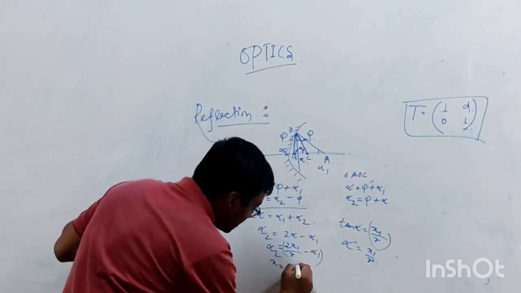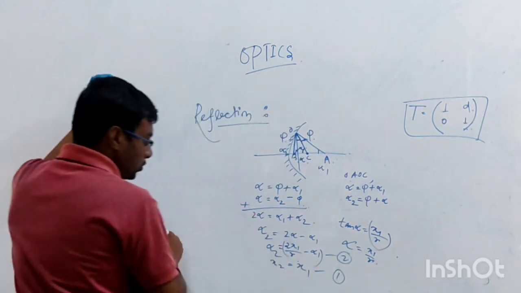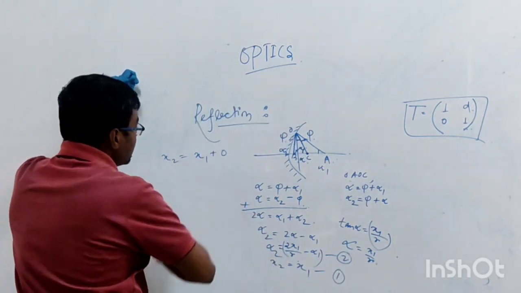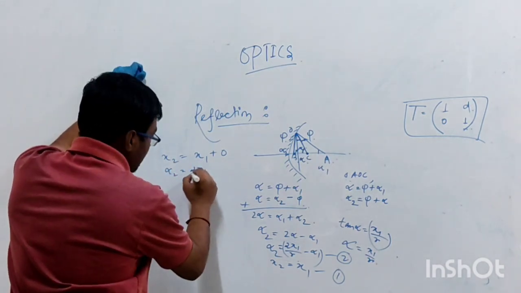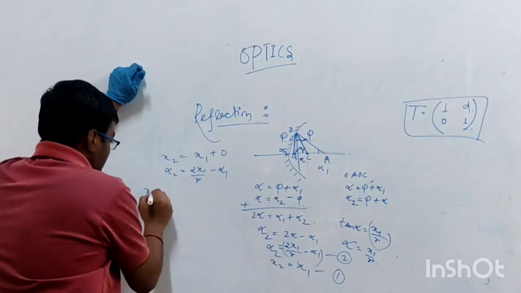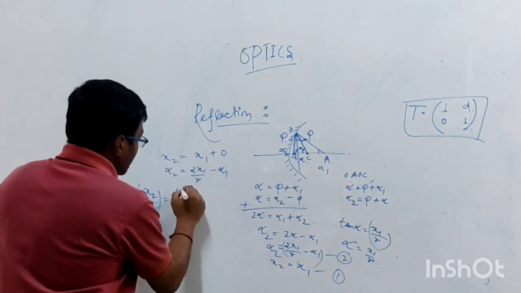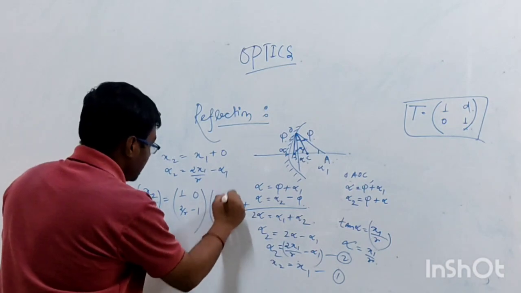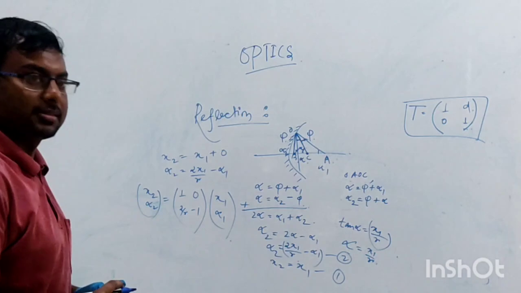So x2 will be equal to x1. From equation 1 and equation 2 we get x2 equal to x1 plus 0, and alpha 2 equal to 2 times x1 by r minus alpha 1. So if we construct the matrix, x2, alpha 2 will be equal to the matrix 1, 0, 2 by r, minus 1 times x1, alpha 1.